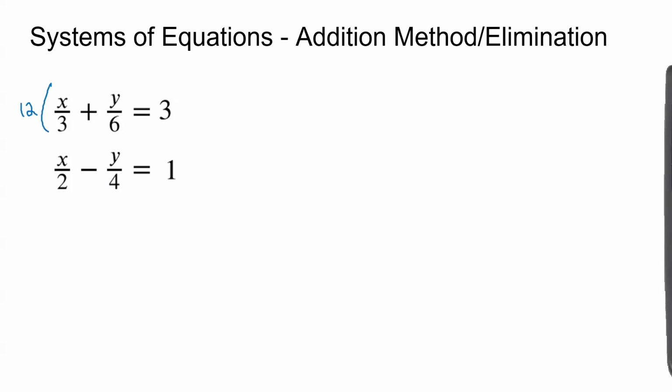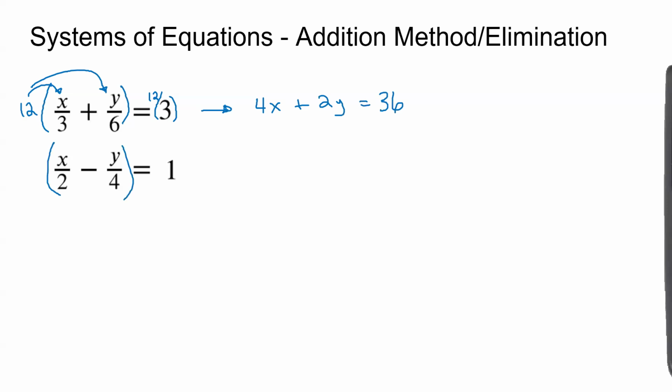So if I multiply the left by 12 and the right by 12, when I distribute, I'd have 12x over 3, which would cook down to 4x. And 12y divided by 6, 12 divided by 6 is going to be 2y. And 12 times 3 would be 36. Do the same thing down here.